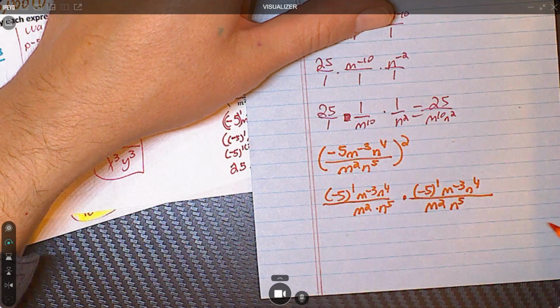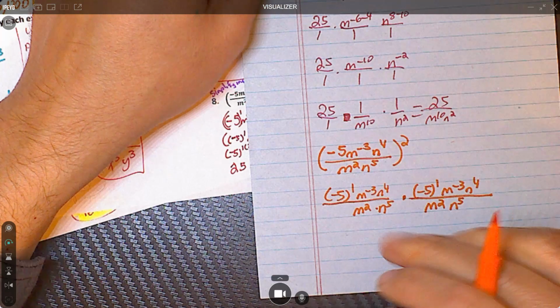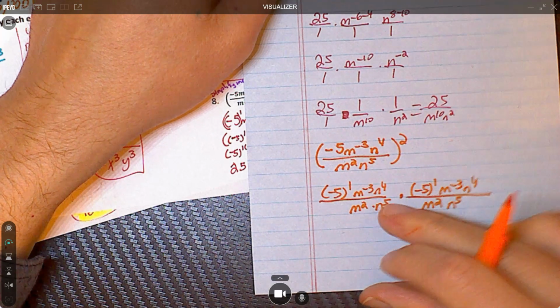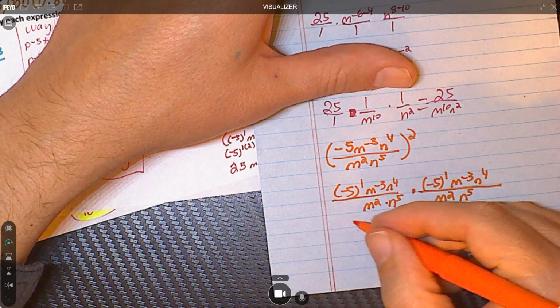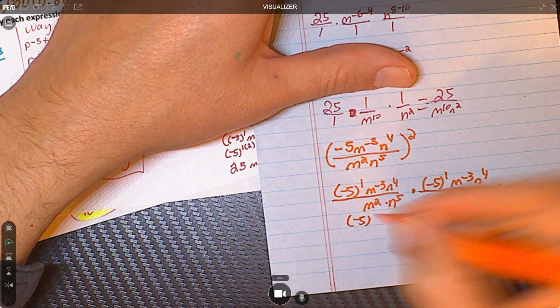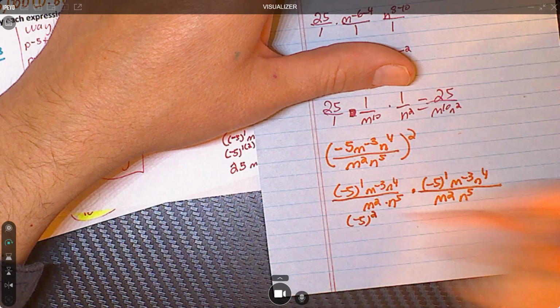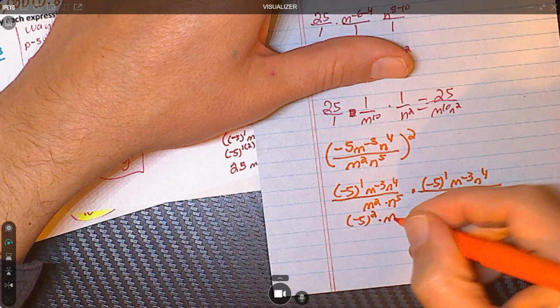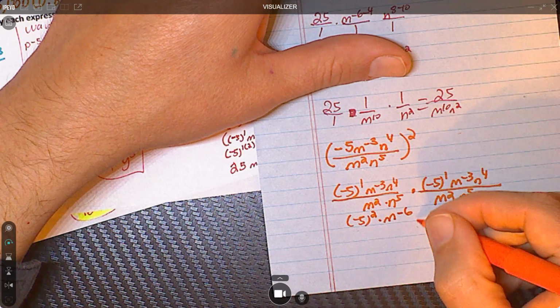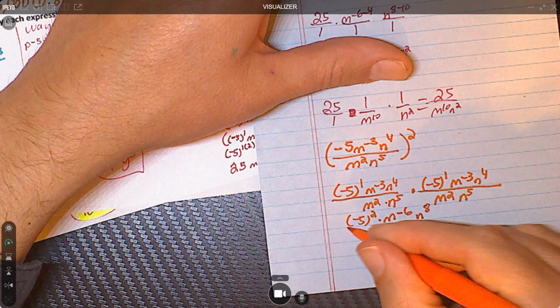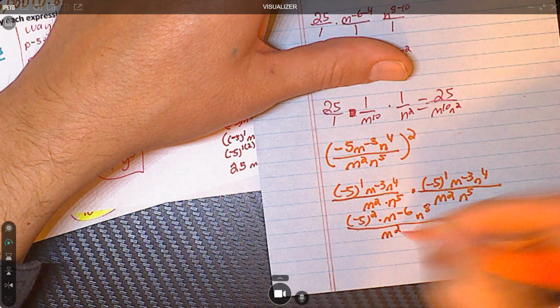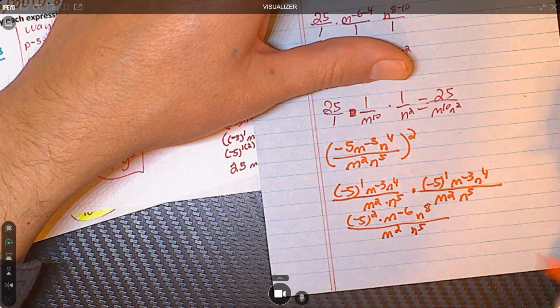So I'm giving you a different strategy here. To see, I could do negative 5 times negative 5. And I can go m to the negative 6, n to the 8 over m squared n to the 5th.